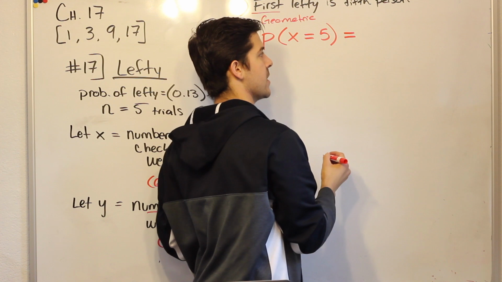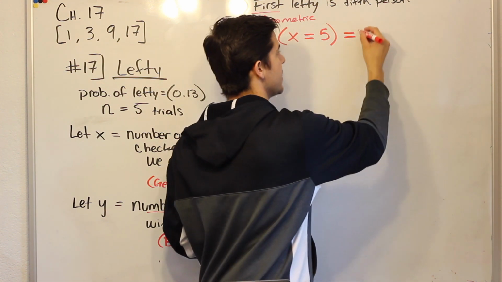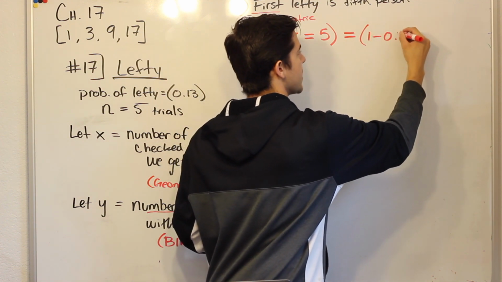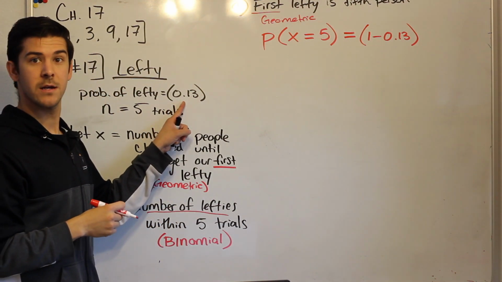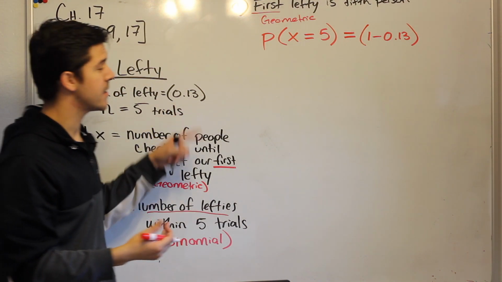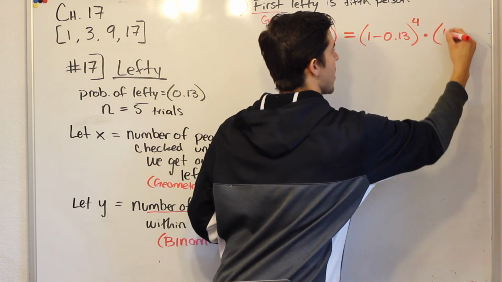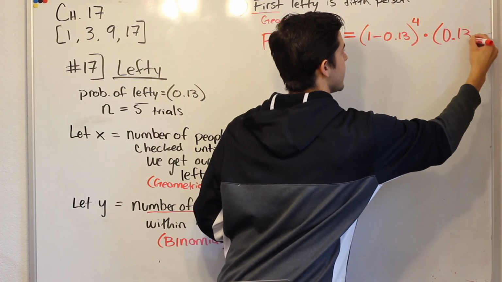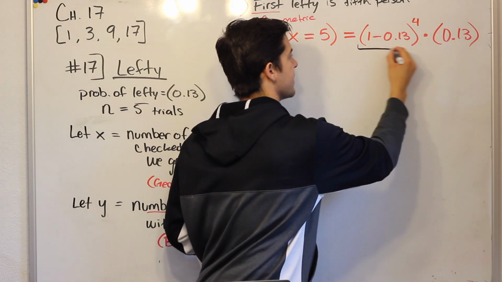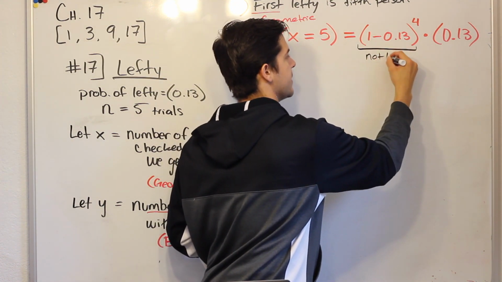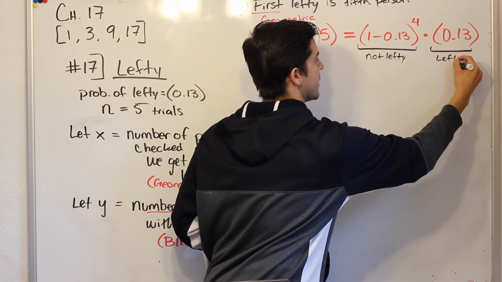In this case, we're going to have the probability of somebody not being lefty, which is 1 minus 13%, which is up here. The probability of somebody not being lefty is going to happen 4 times, multiplied by the probability that somebody is a lefty. To define this further, this is not lefty, multiplied by the chance of us becoming a lefty.